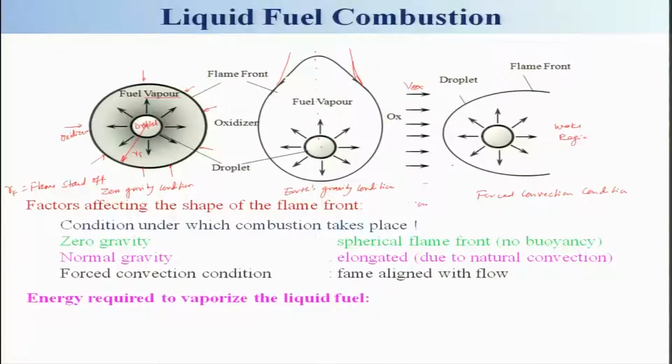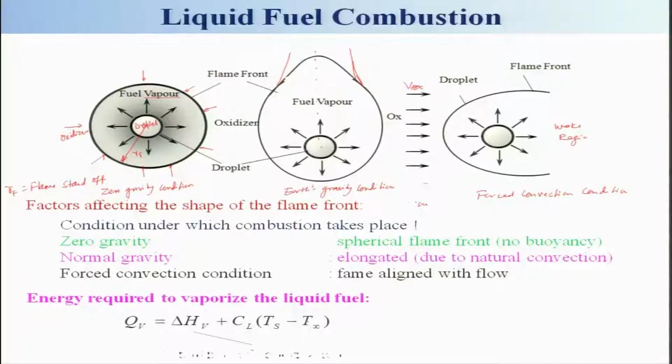And the energy required to vaporize this liquid fuel is very important, because that will be governing how much fuel is vaporized and how it is moving out and then coming in contact with the oxidizer for forming a flame. So, Q_B is equal to delta H_V plus C_L (T_s minus T infinity).